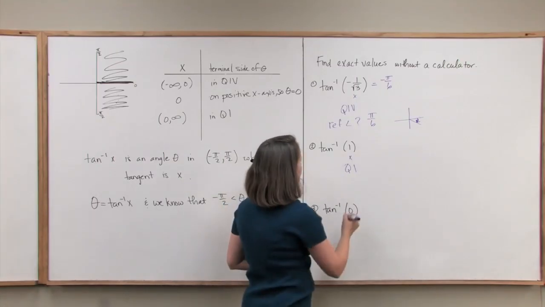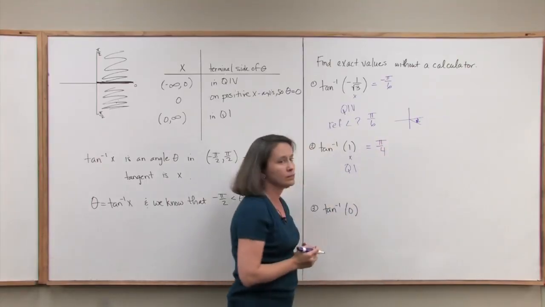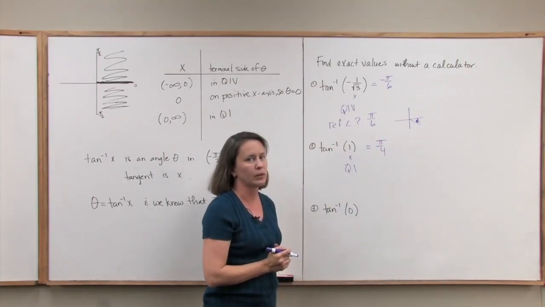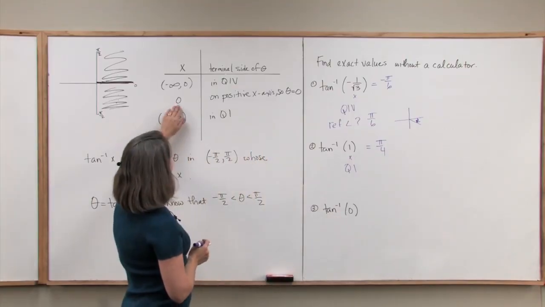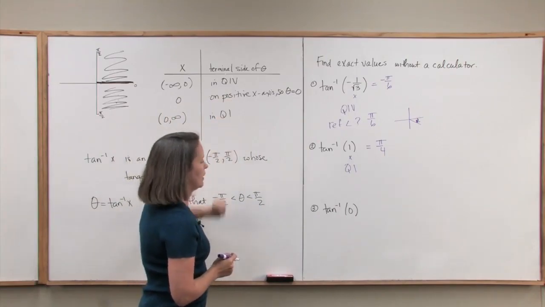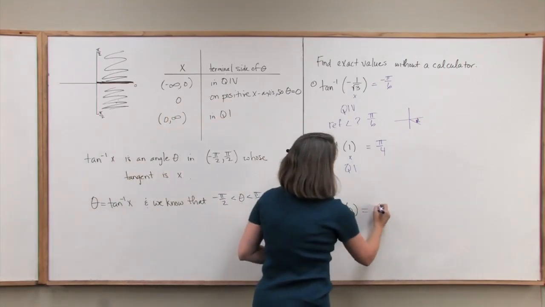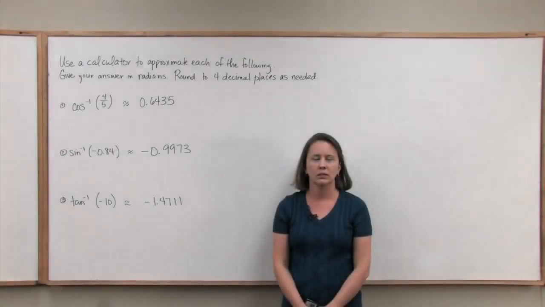Right, pi over 4. And we have one more. Inverse tangent of 0. Whenever x is 0, the terminal side of theta lies on the positive x-axis, so the angle is 0.